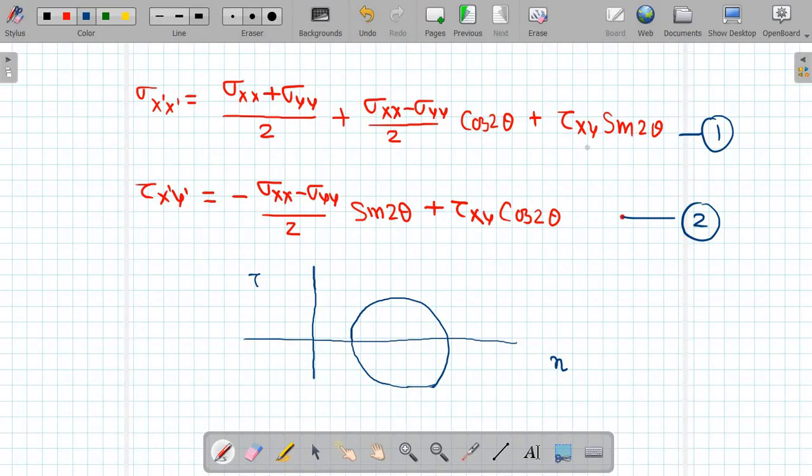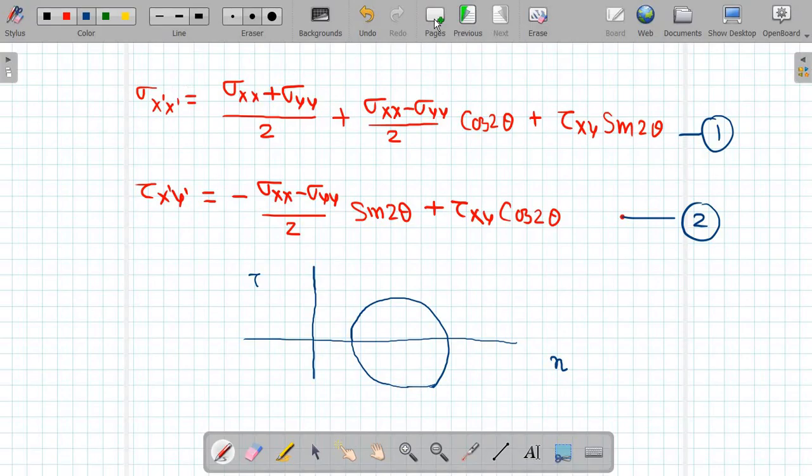Sigma x, sigma y and shear are the stress values at a particular point with respect to the xy coordinate system. Now, what will be the maximum value of sigma x dash y dash? If you change the angle, then you will get different values, because it is a function. So it must have some maximum value and some minimum value. So what will be the maximum value?